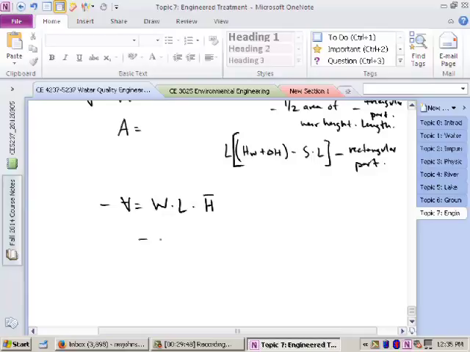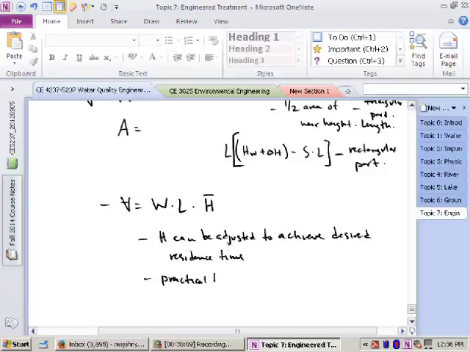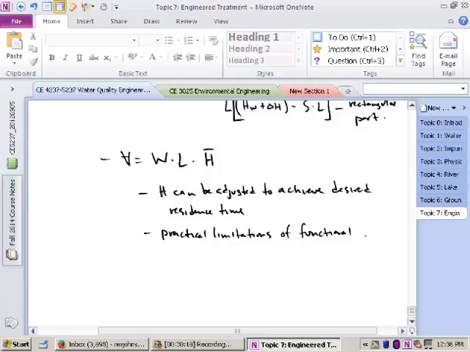So the practical H can be adjusted to achieve desired residence time within practical limitations of a functional wetland depth.